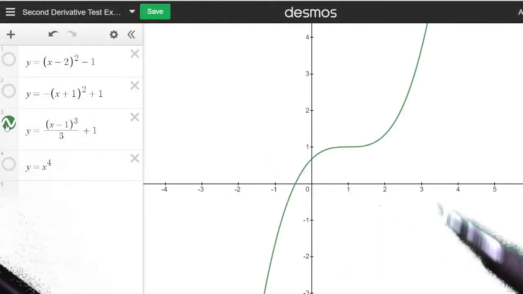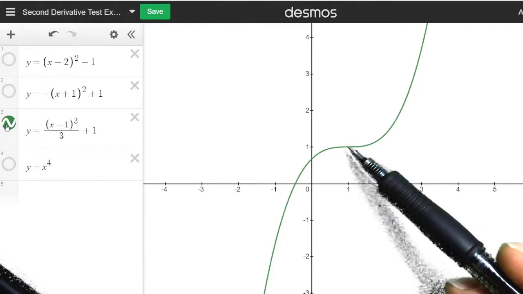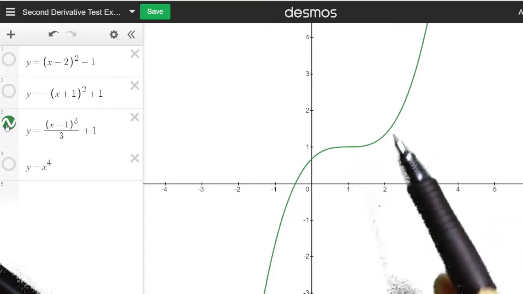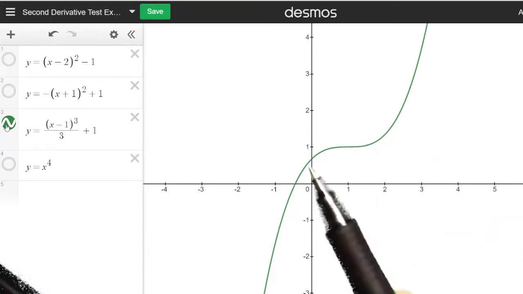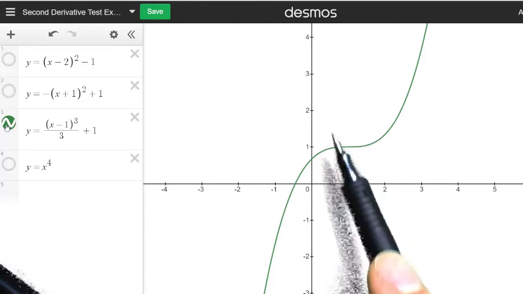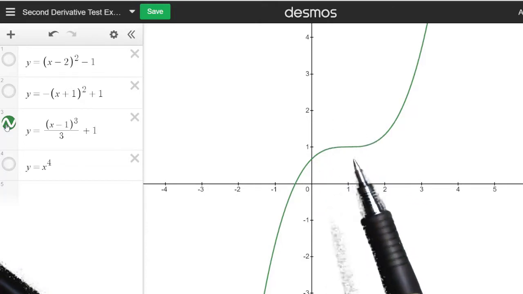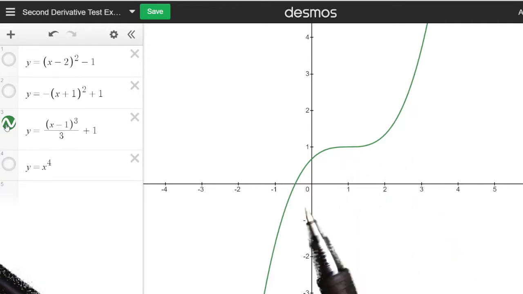And on this one, the derivative is 0 here, but the second derivative is also 0. And therefore, the test is inconclusive. Now, in this case, we don't have a minimum, nor do we have a maximum. The test doesn't tell us that. The test just says you need to use another test.